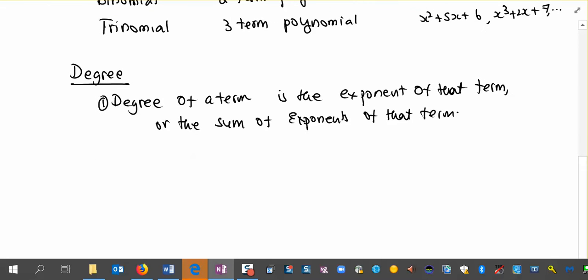Okay, so for example, 3x squared, its degree is 2, because that's the exponent.